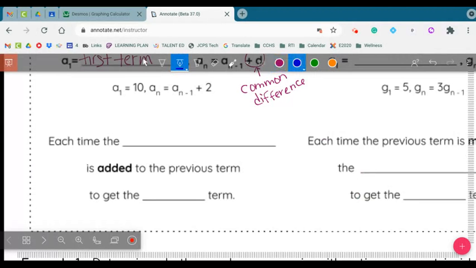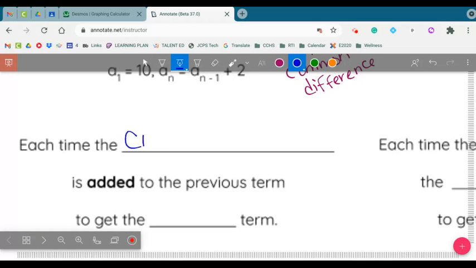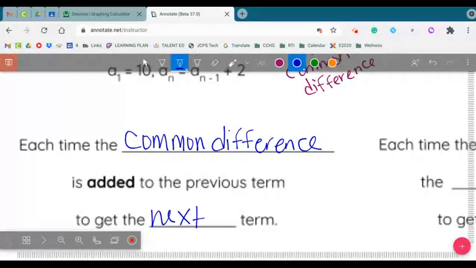Each time, the common difference is going to be added to the previous term to get the next term. Whenever we're writing our recursive rule, number 1, you will be given the formula in the test. You just have to know what numbers to plug in where. You'll have to find your first term, which will be pretty easy, and then you'll have to find your common difference or ratio.